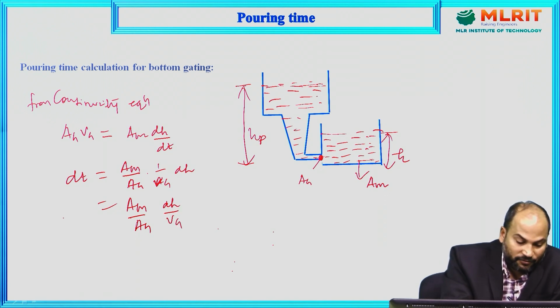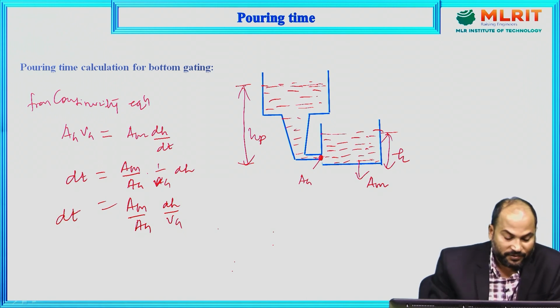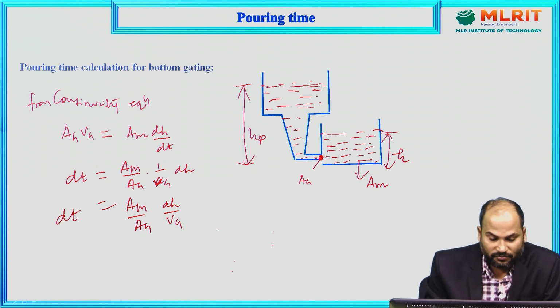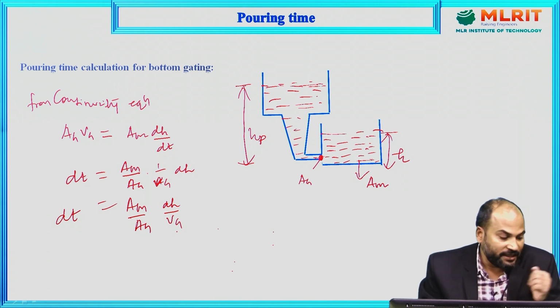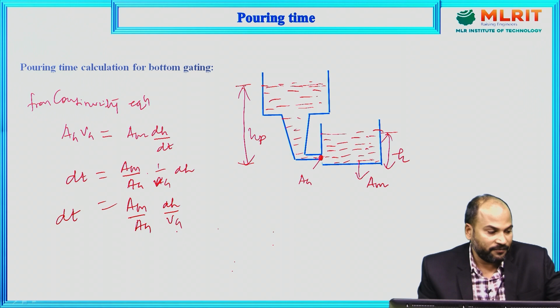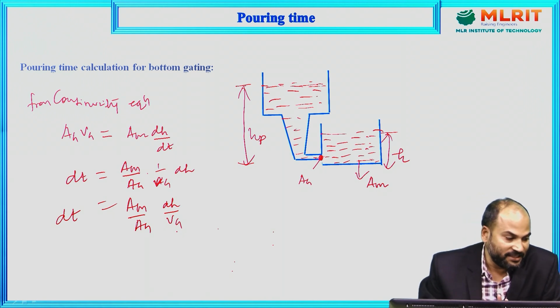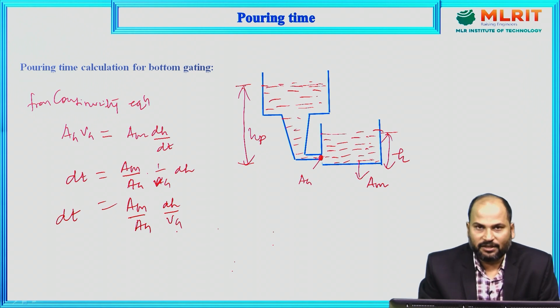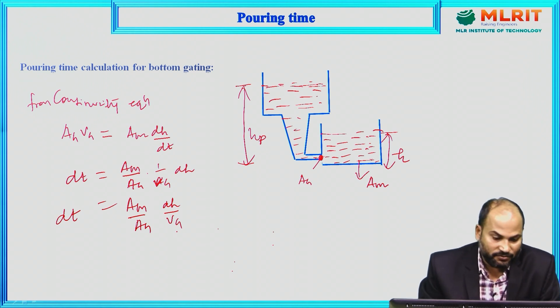If we want to find the time t, we will have to integrate this expression. So our first effort will be to bring this VG in terms of h, so that we can integrate easily. First we will write Bernoulli's equation and try to find the relation between these two, and see how to find this velocity VG.